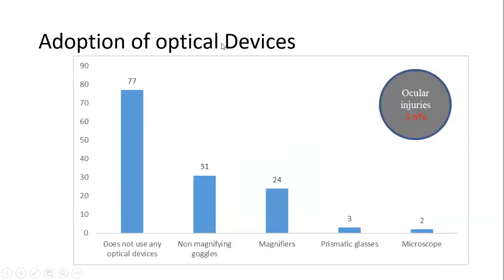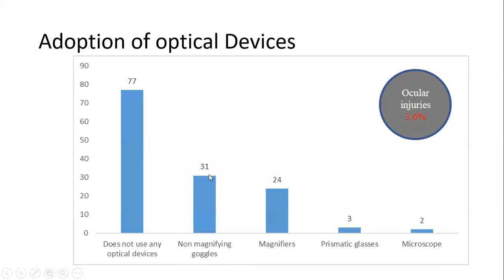In terms of adoption of optical devices, quite a high number, 77 of the respondents, said they do not use any optical devices. So you have low levels of ocular injuries, but then a very low adoption rate for optical devices.